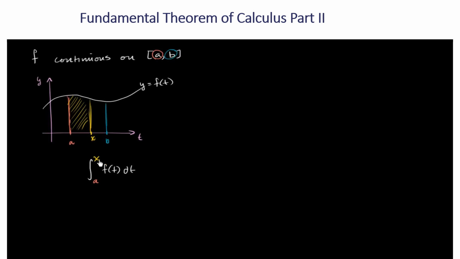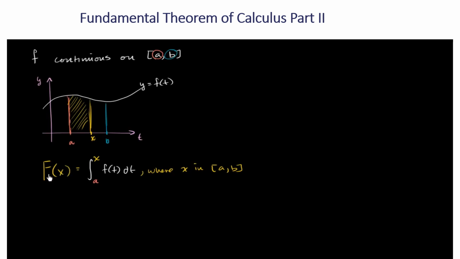Now this right over here is going to be a function of x, where x is in the interval between a and b. This thing right over here is going to be another function of x. This value is going to depend on what x we actually choose. So let's define this as a function of x. So I'm going to say that this is equal to uppercase F of x.